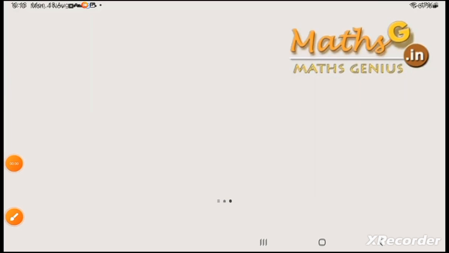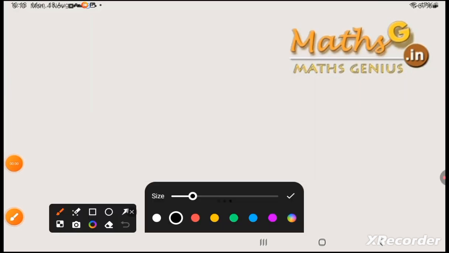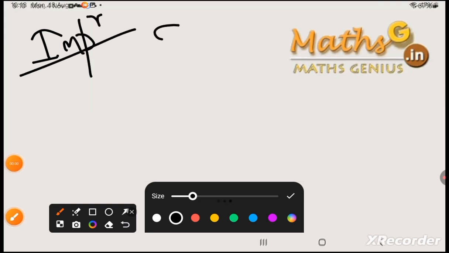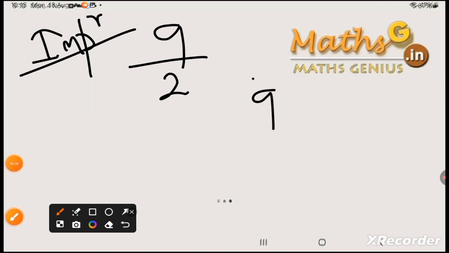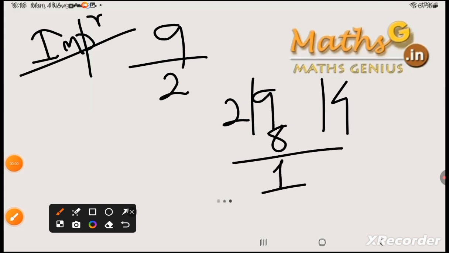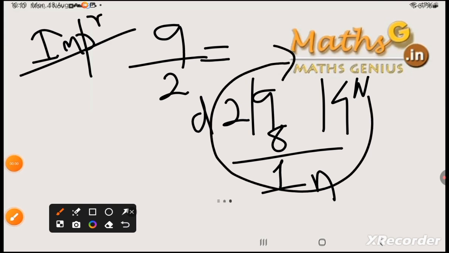But let us talk of another case, another improper fraction. Let us say 9 by 2. Simple thing, divide 9 by 2. 2 4's are 8, 1 is the remainder. So, 9 by 2 can be written as 4 whole 1 by 2, where this is the numerator, this is the denominator, and this is the whole number.